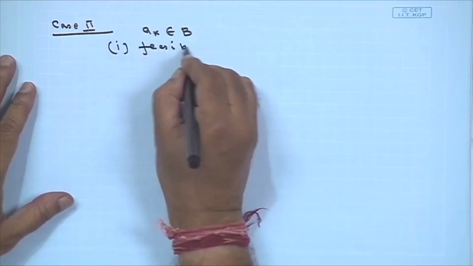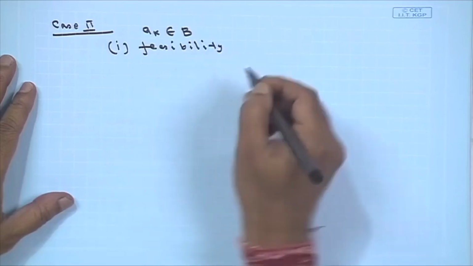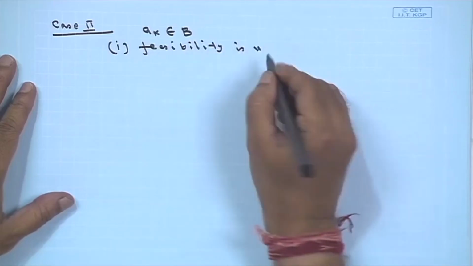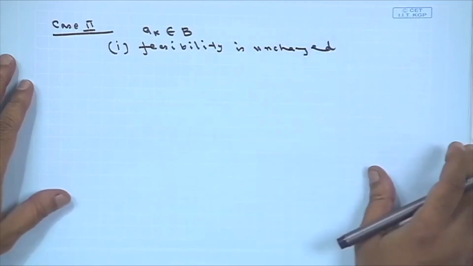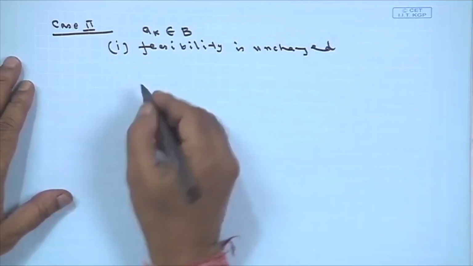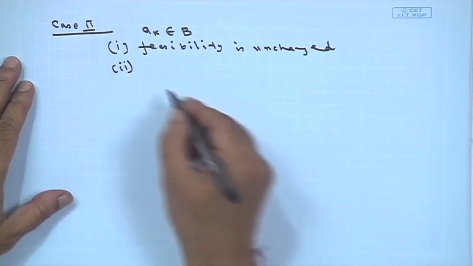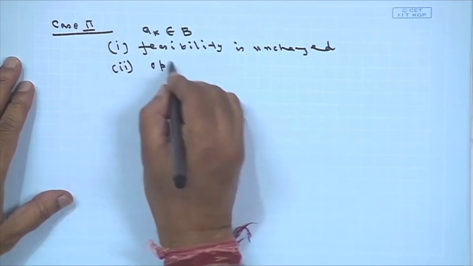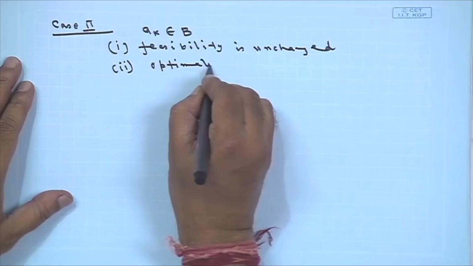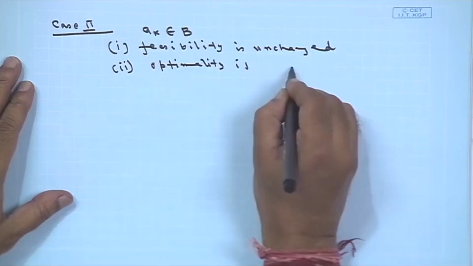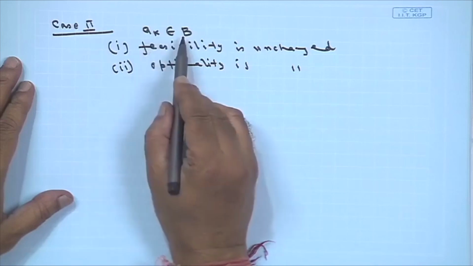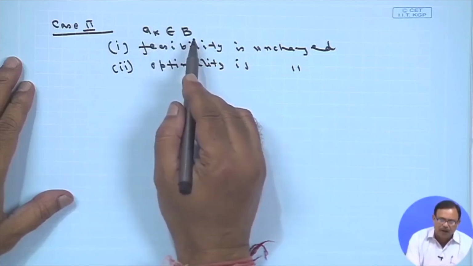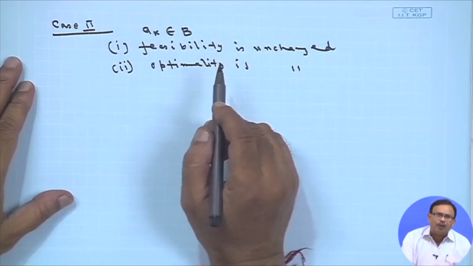Two cases I may say, that is number 1, feasibility is unchanged, and number 2, optimality is unchanged. So, whenever A k belongs to B, since x b equals B inverse b, your feasibility may be changed.